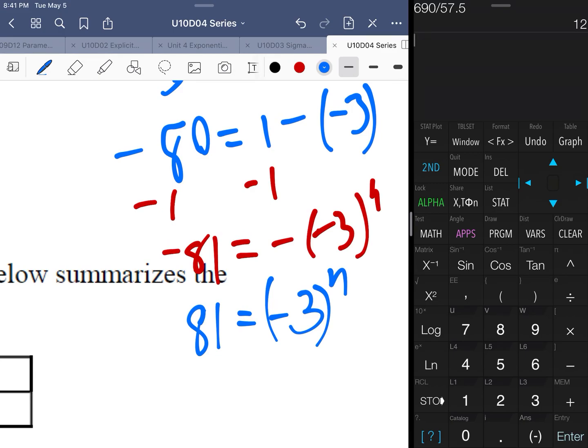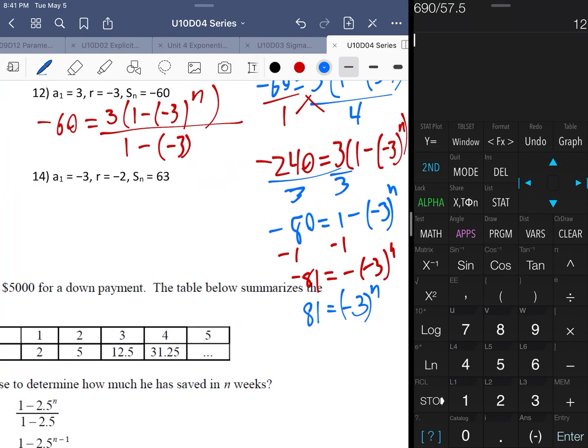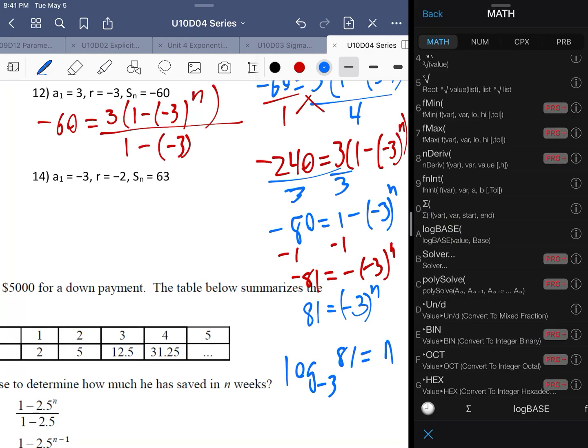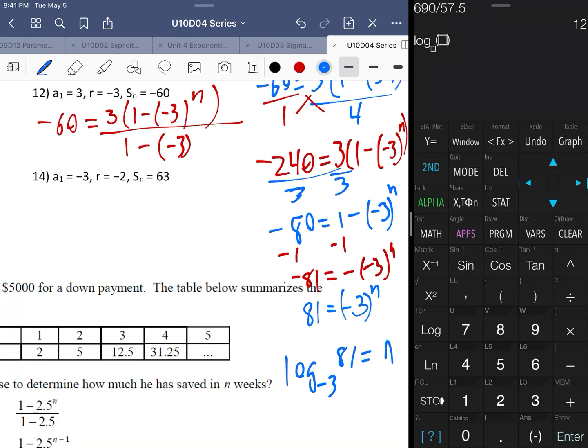So what I'm being asked now is what power was negative 3 raised to? Well, we could write a logarithm, although logarithms tend to not work with negative bases. If we were to write it as a logarithm, it would be log base negative 3 of 81 equals n, but it's not going to work, and that's the reason I wanted to pick this problem.